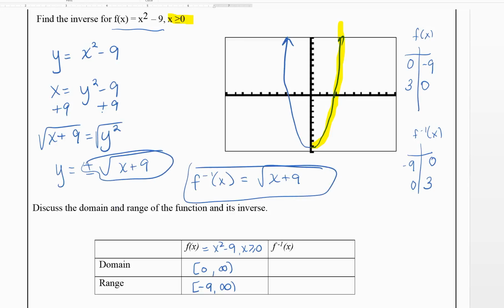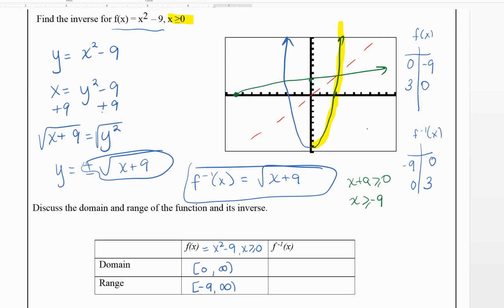We know -9 is the smallest we can go, because remember to find the domain of radical functions, you set the radicand greater than or equal to 0, so we say x must be greater than or equal to -9. At 0, we're going to get out 3. So it's going to look like this. And we'll see that that's the reflection of this part over the line y equals x, like we've talked about.